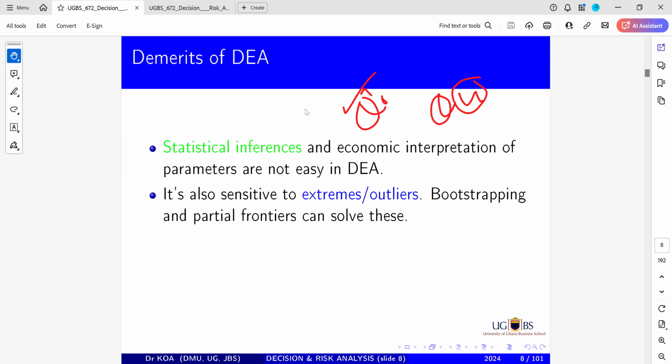So bootstrapping tries to create multiple pseudo samples, thousands of them, found using Monte Carlo simulation, to approximate the true underlying technology, which then means that we can use it to represent this data, which is flawed, more or less, or is infected with some issues of not including noise, some issues of probably incorporating outliers. So bootstrapping tries to solve that.